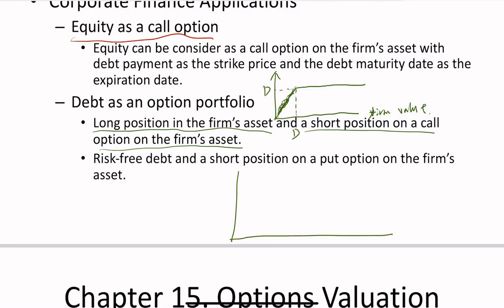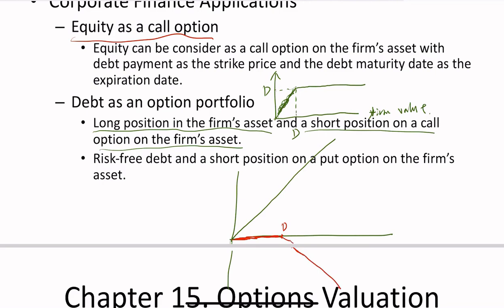And then if you think about the option portfolio, a long position in the firm's asset, then the payoff curve would look like this. And then a short position on the call option on the firm's asset. Well, in this case, if this is D, your payoff would look like this, right?